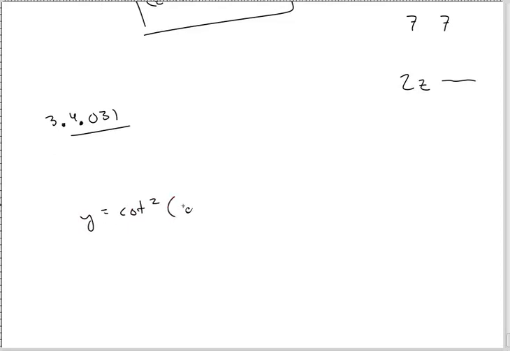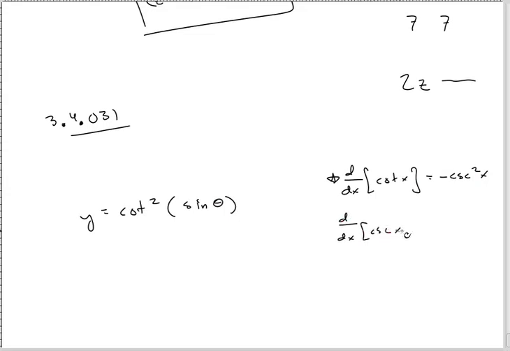I've got cotangent squared times sine theta. Apparently I did not give you the derivative of cotangent yet, and that's okay, because it's negative cosecant squared. And what's the derivative of cosecant x?